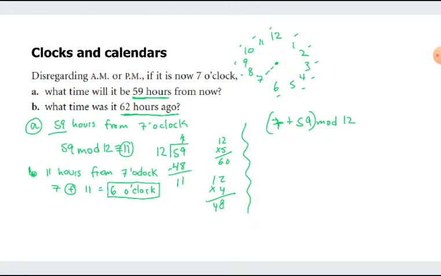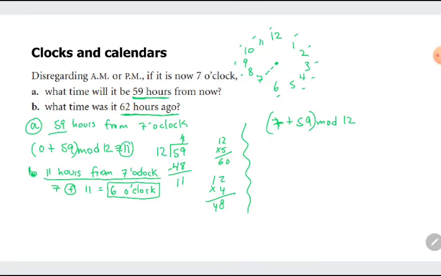Your addition starts at 7 o'clock, kasi in this case, you started at 0. Here, you already start at 7 o'clock. So the answer that you will find is already the answer. Hindi mo na kailangang gawin yung part na to. Okay? So 7 plus 59 modulo 12.